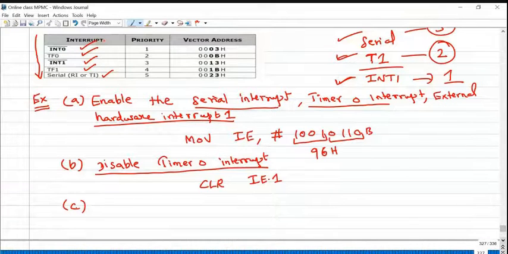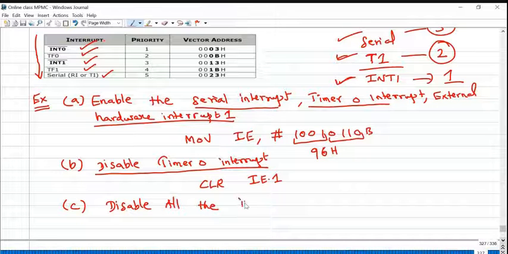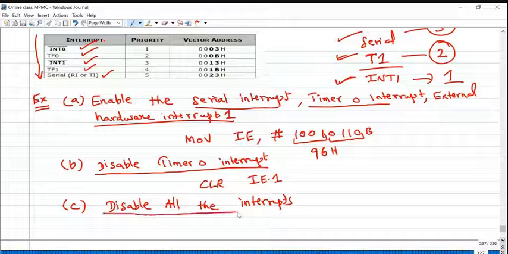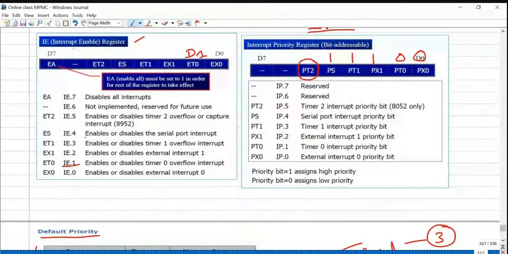So one more example: show how to disable all the interrupts. What is the instruction? I want to disable all the interrupts. Which bit do we have to use now? D7, sir.